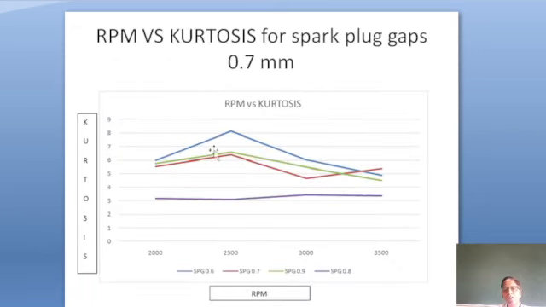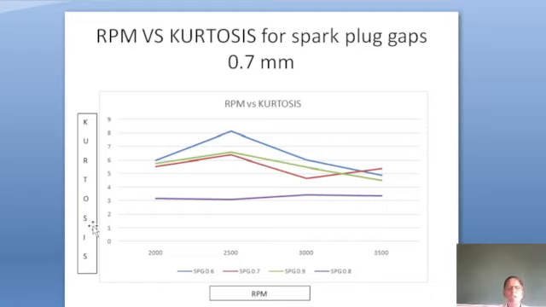And this is one plot of RPM versus kurtosis. On the x-axis there is RPM, that is 2000, 2500, 3000 and 3500. These are the four speeds that we maintained during the experimentation, and on the y-axis there are kurtosis values.